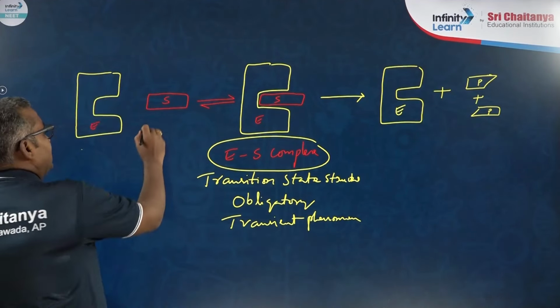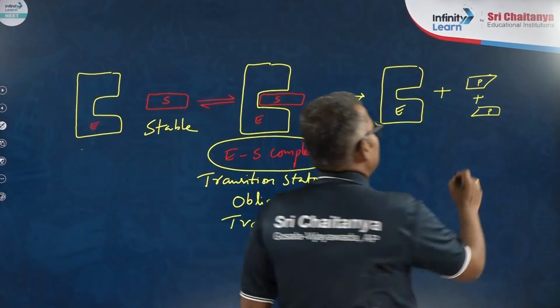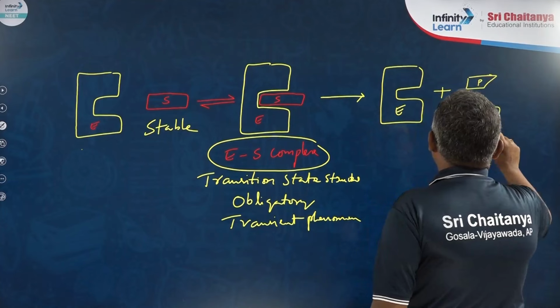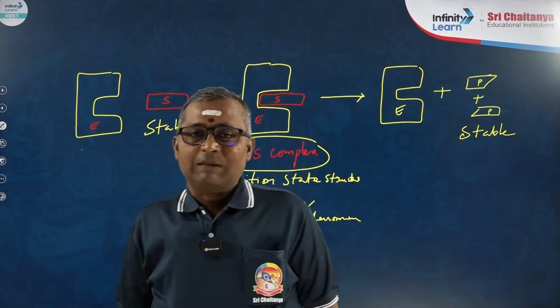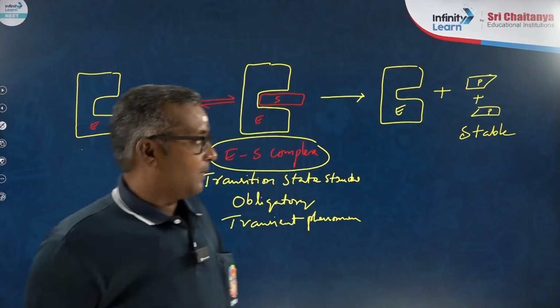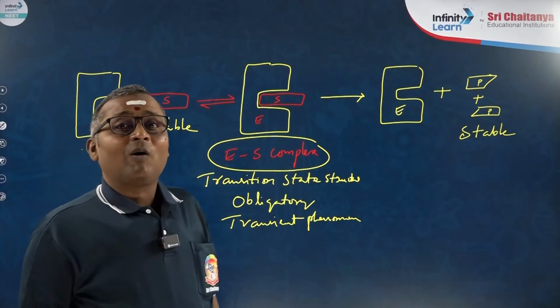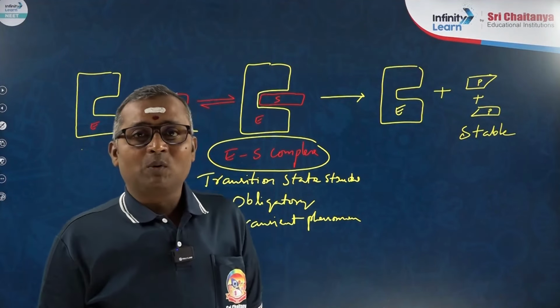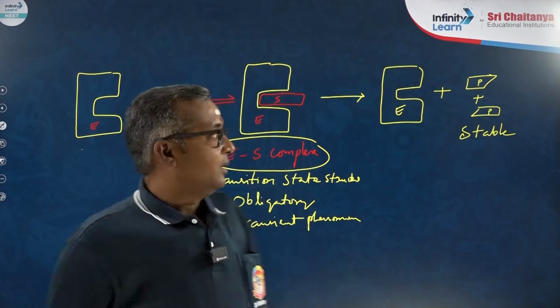Now, the substrate is stable. Product is also stable. Between the stable substrate and stable product, many altered structural states will be formed. This we have to very carefully understand.